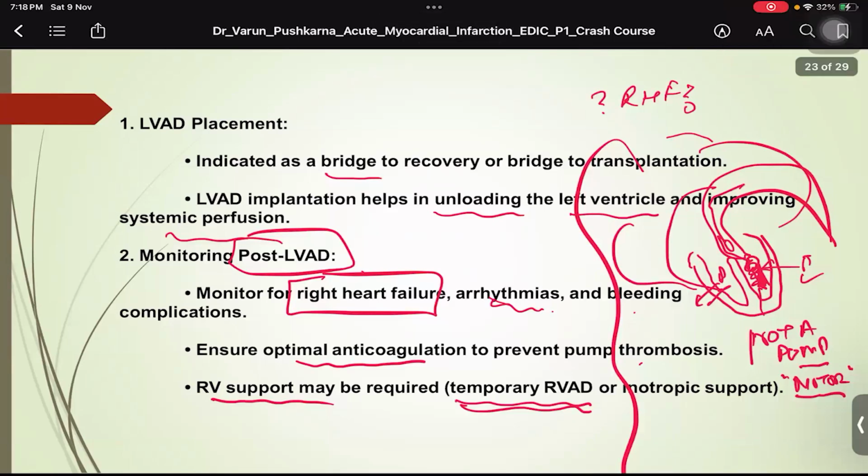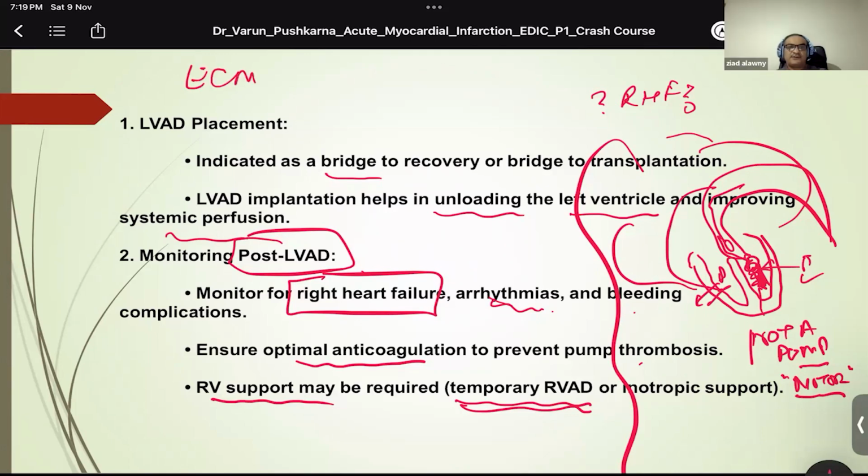Okay. Now this patient is put on LVAD and you are monitoring this patient for right heart failure and arrhythmia. What other complications can happen? Okay, what complications can happen on ECMO? Left ventricle strain or north-south syndrome, Harlequin, or bleeding.